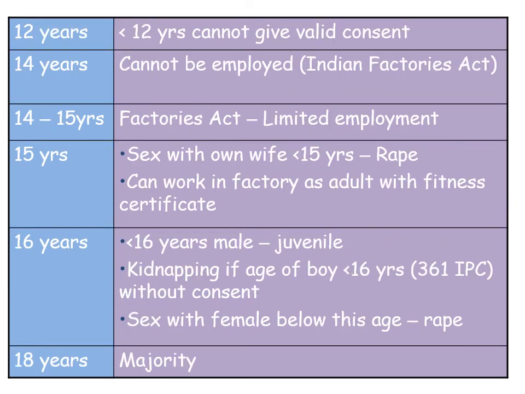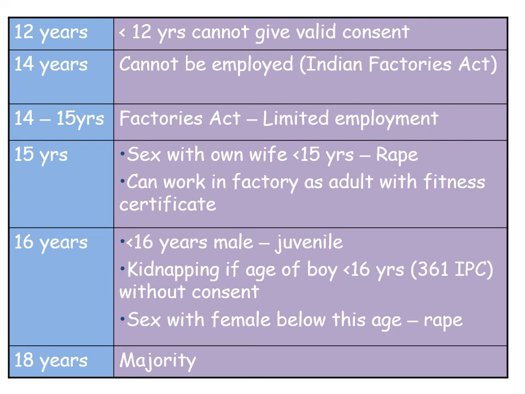At 12 years, the child cannot give valid consent for any harm or operative procedures, but can give consent for simple examination. At the age of 14 years, he cannot be employed as per the Indian Factories Act.